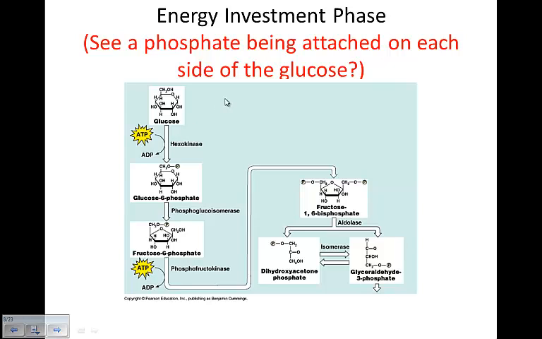This first one is called the energy investment phase. So what you can see, we're starting off with glucose, and it's broken down into 2 molecules of G3P. And you can see ATP is used. Now, hexokinase, what do you think that is?